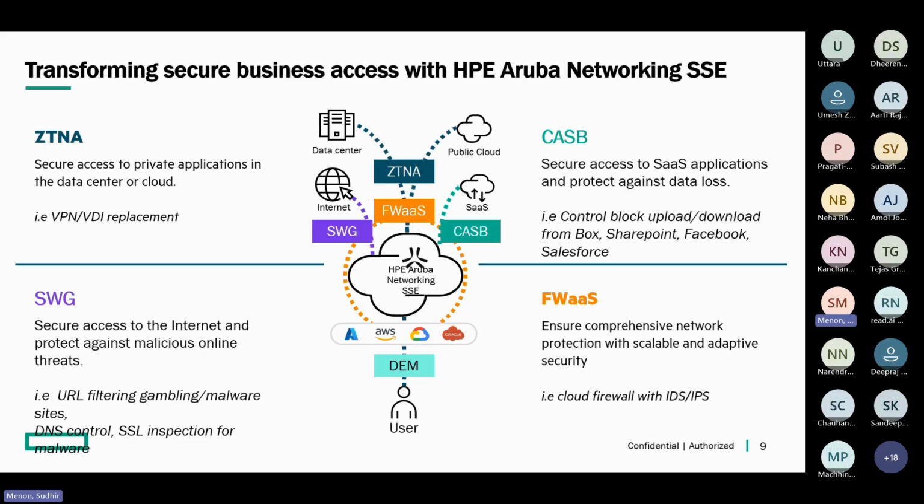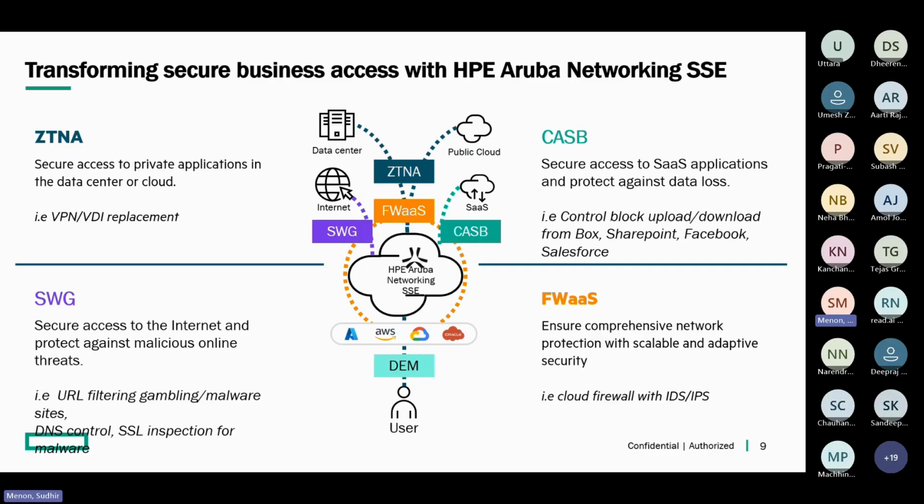With each of these four technology modules within SSE, the one I would always call the most important module is DEM, or digital experience monitoring, which monitors and analyzes each of your connections, provides almost real-time reporting as well as historic reports, and also provides recommendations.